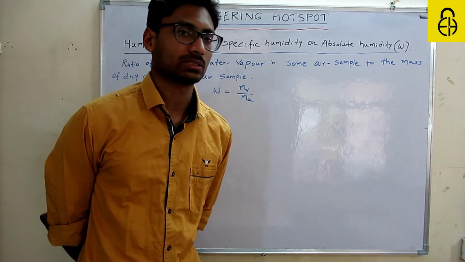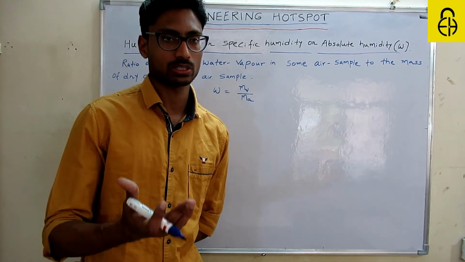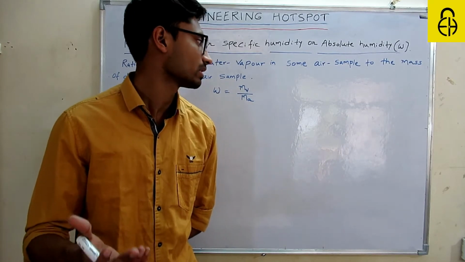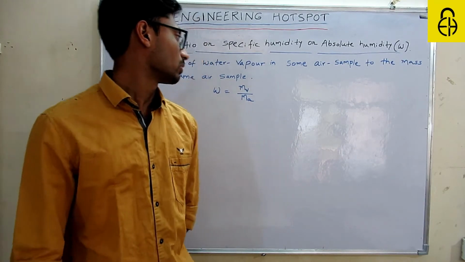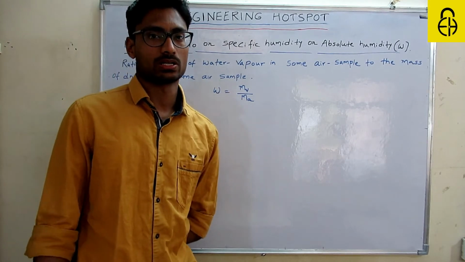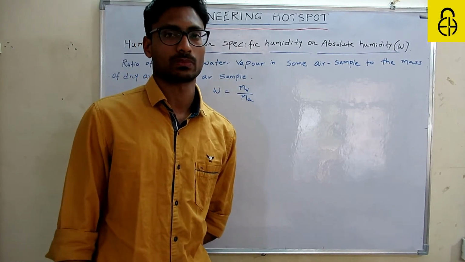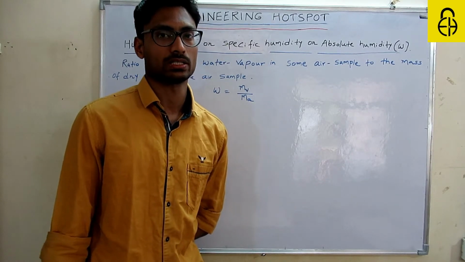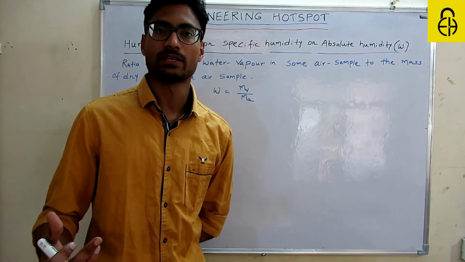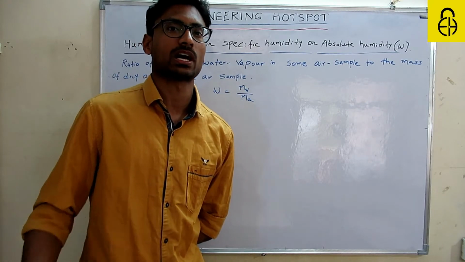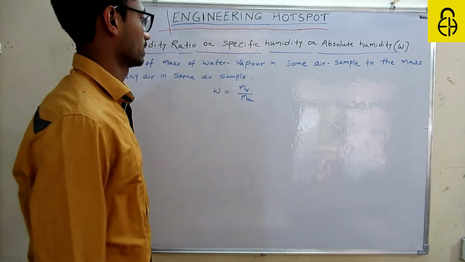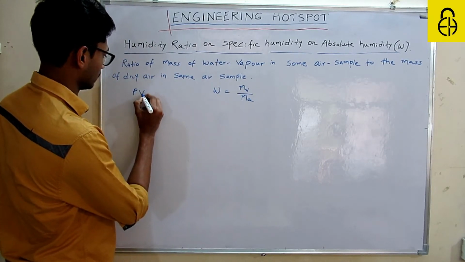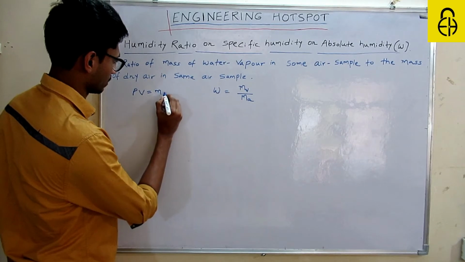So the composition of dry air will remain constant and will not vary. So you can treat air as an ideal gas, because there is a theory that at low pressure and high temperature all gases behave ideally. So that's why I can use the ideal gas equation PV = mRT.